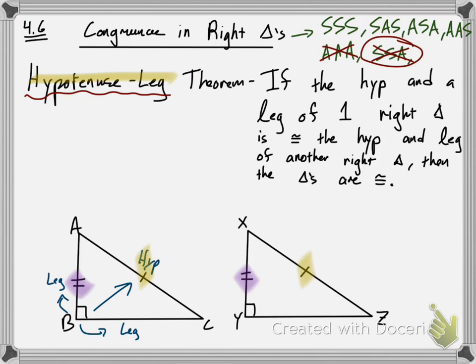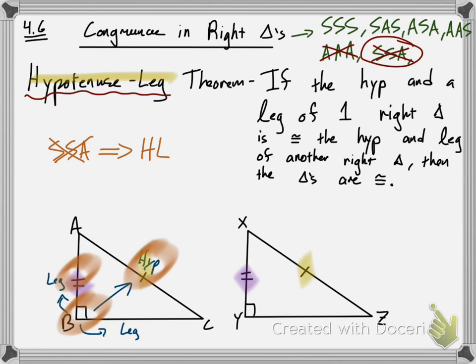So originally this looks like side-side-angle. We have a side, and an angle here. But because this is a right triangle, we can change side-side-angle, which we cannot use, into HL.